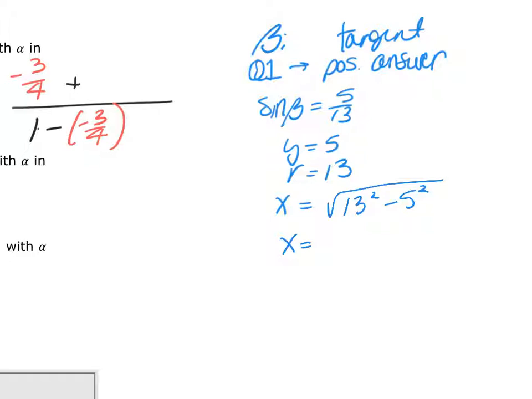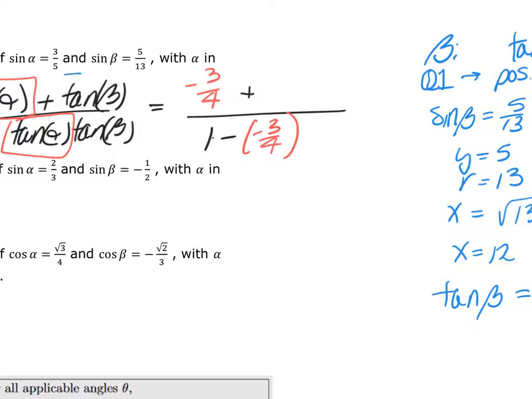So 13 squared is 169 minus 25, which is 144, so it's a 12. So now I just have to find the tangent of that, which is 5 over 12. So I go back over here, and I'm going to replace the tangent of beta with 5 over 12.